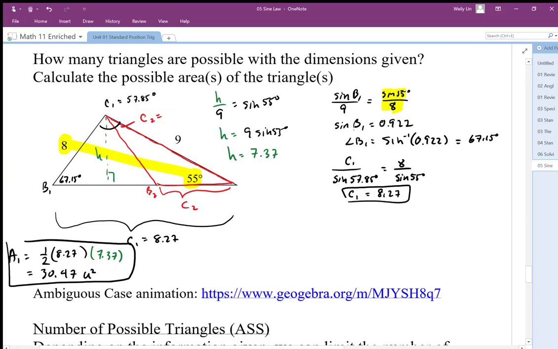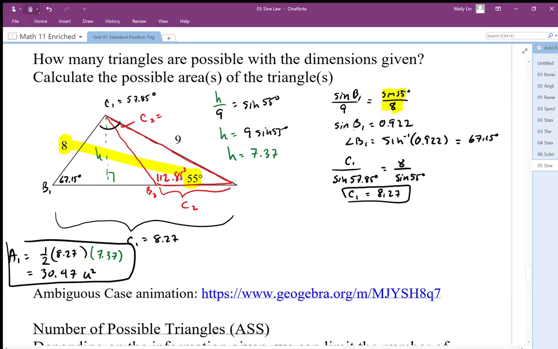Angle B2 is the supplement of 67.15, so I do 180 minus 67.15, and this angle in here is going to be 112.85 degrees.